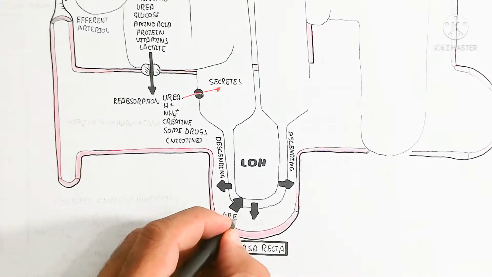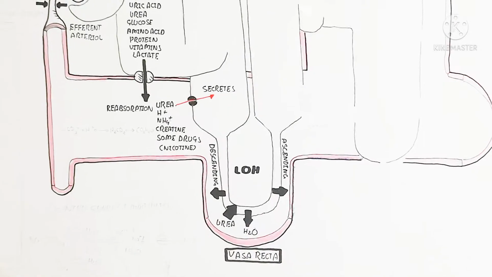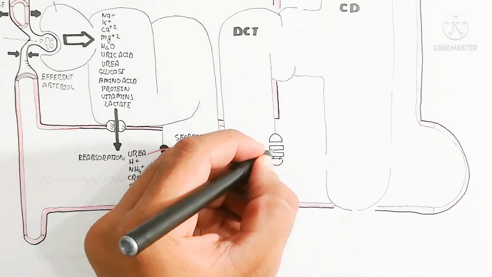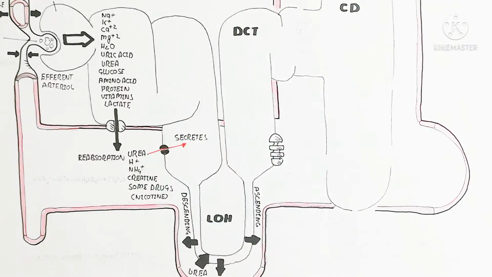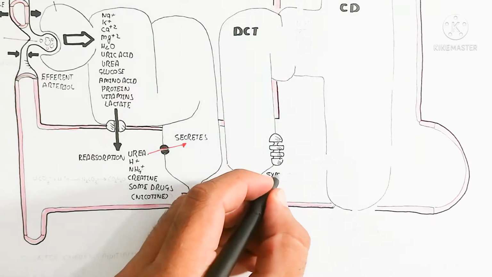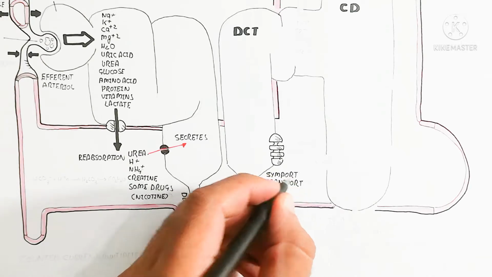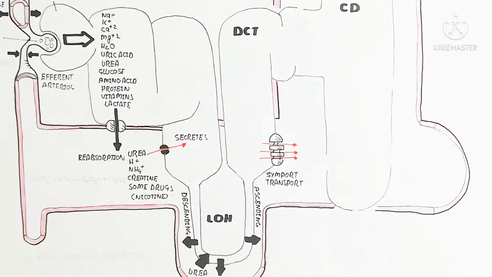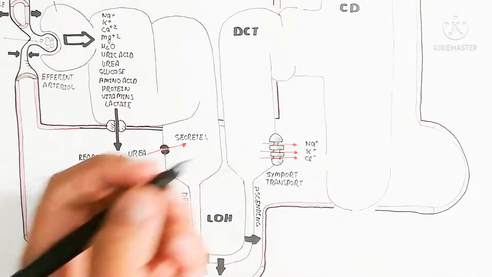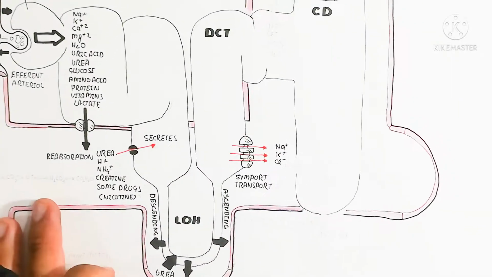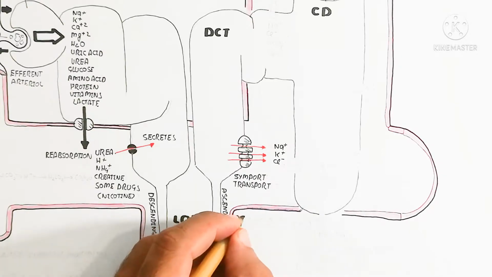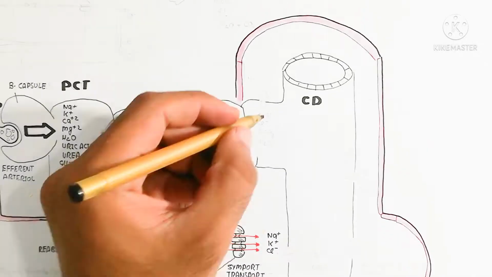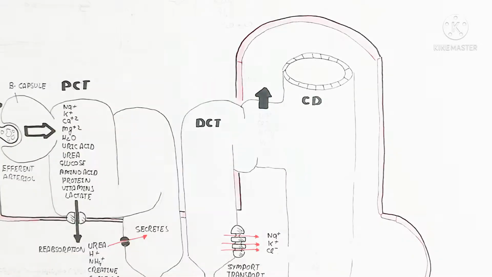The descending loop of Henle is thin, and the ascending loop of Henle has a thick structure, where the epithelial thickness is greater. At the beginning of the distal convoluted tubule, import transport occurs, meaning co-transportation as well as symport. Mainly sodium, potassium, and chloride collectively move out into the efferent arteriole. That is known as reabsorption.